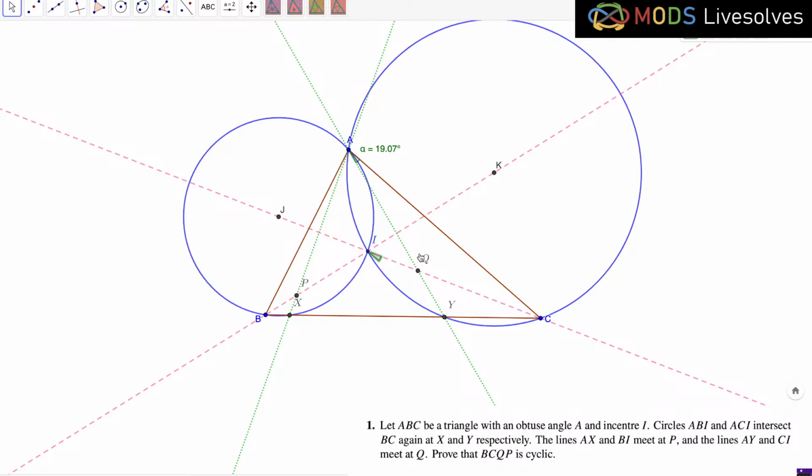I think we're vaguely doing the same thing, just on different parts of the triangle. Angle BAX.